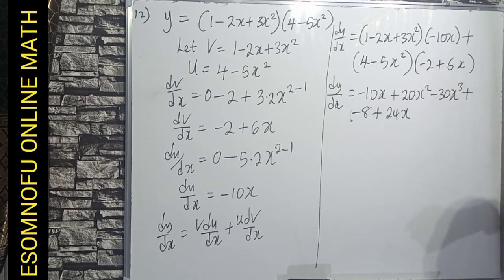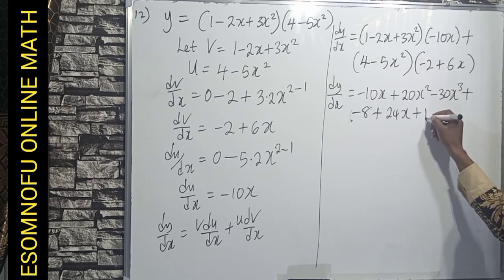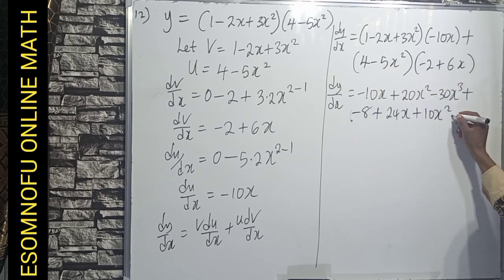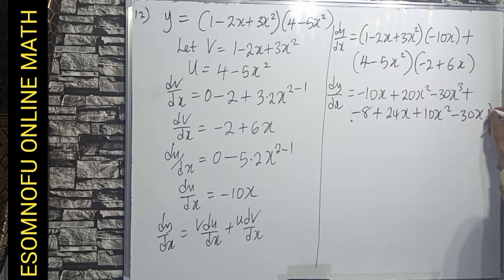Minus 5x squared times minus 2 will give us plus 10x squared. And minus 5x squared times 6x will give us minus 30x to the power of 3.